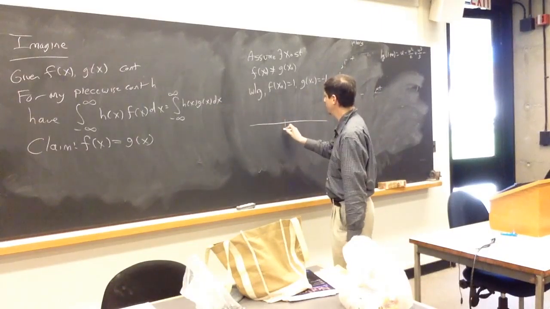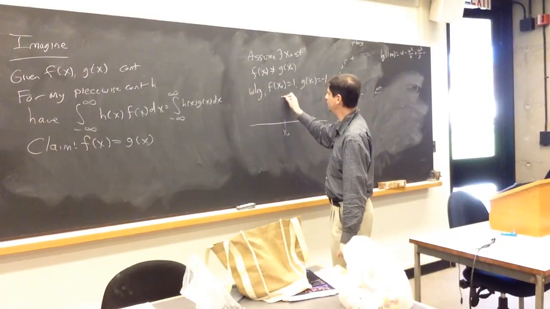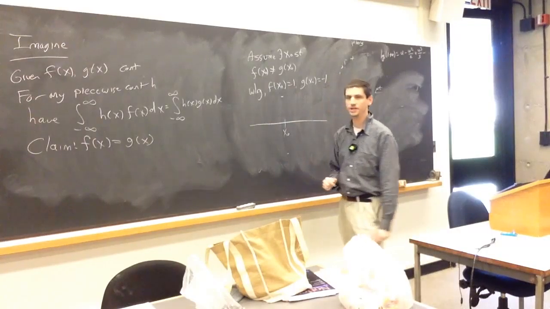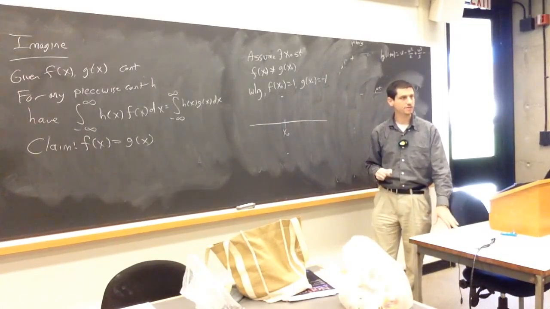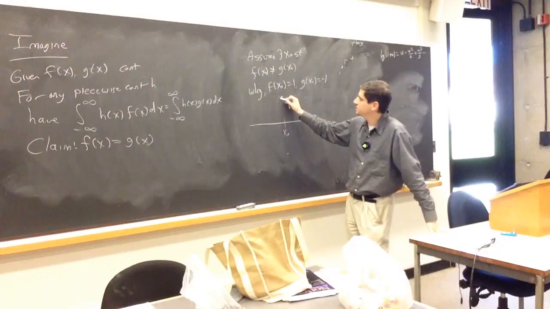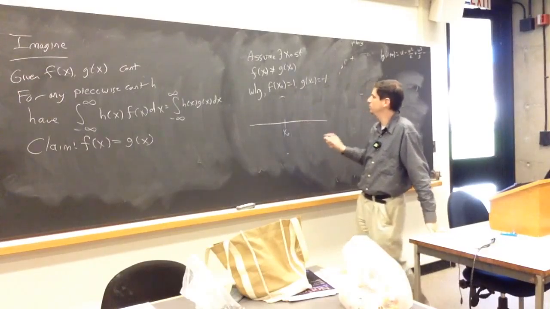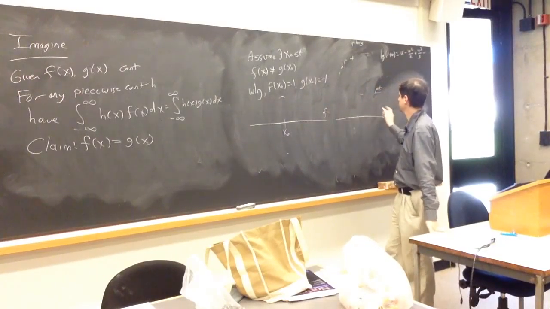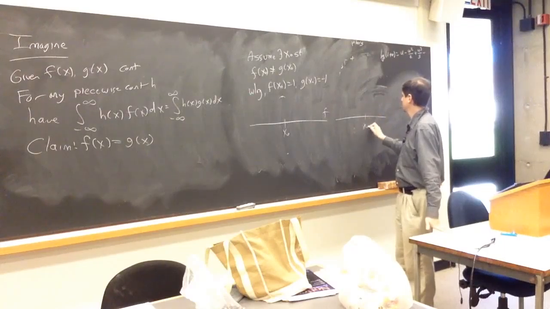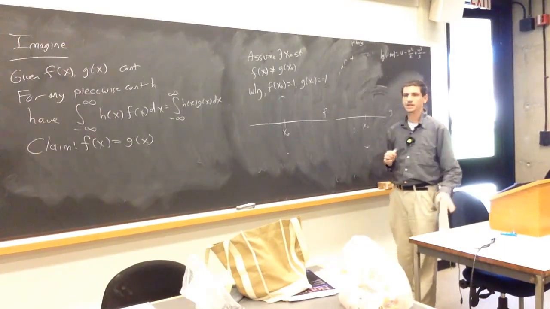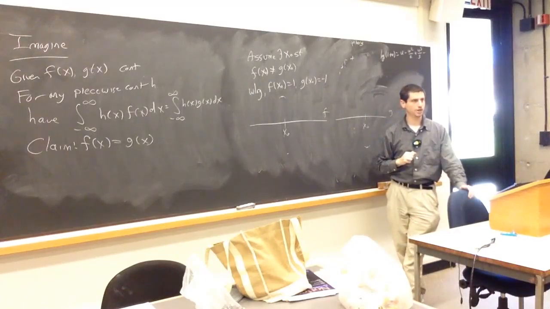So here's what's going on. I have x_0. f(x) is over here. g(x) is over here. Because my function f is continuous, f has to be positive in some small neighborhood about x_0. Similarly, because g is continuous, g must be negative in some small neighborhood of x_0.